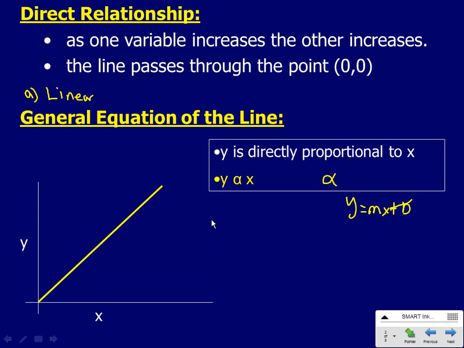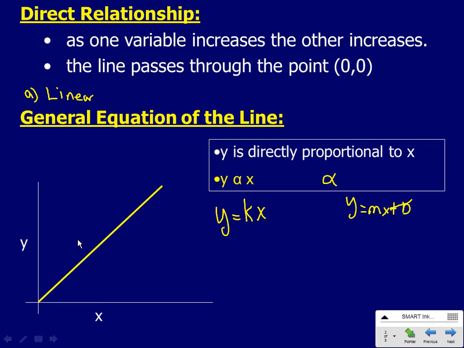Science, for some reason, we like to use k as a constant. So I'm going to write the equation as y is equal to some constant k times x, where I've simply switched m for k. That's the way every time we go through this, from a science perspective, we always put k.